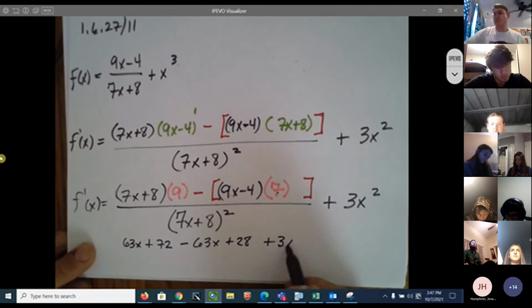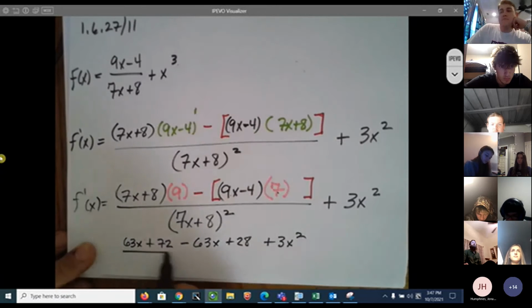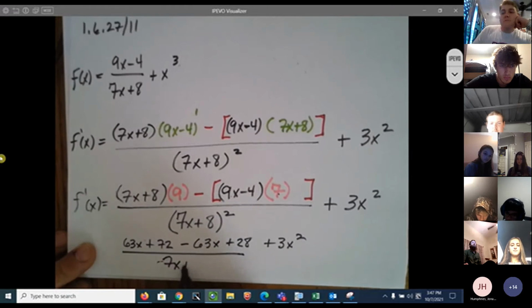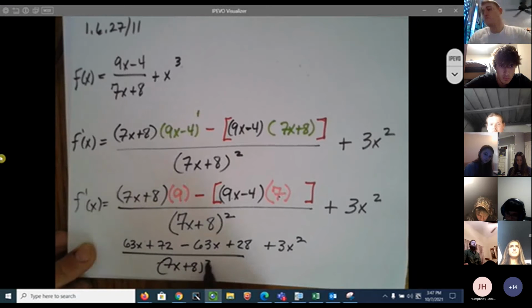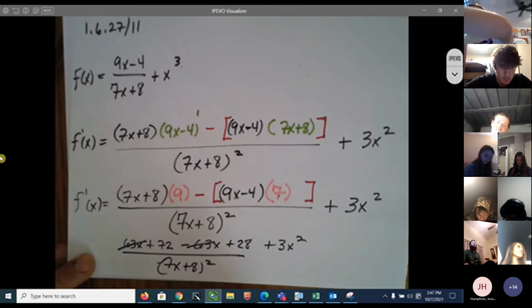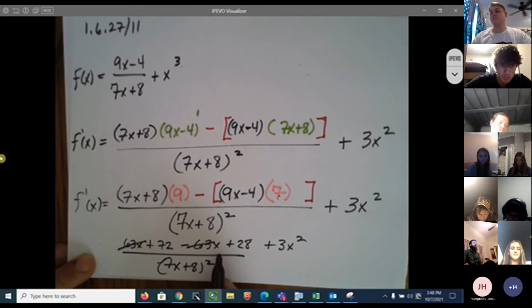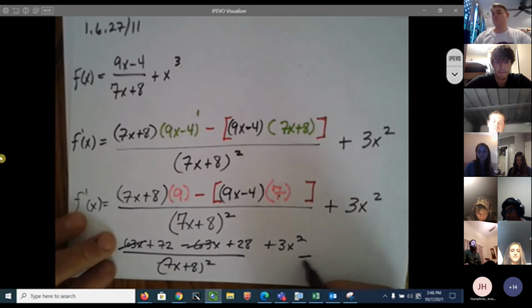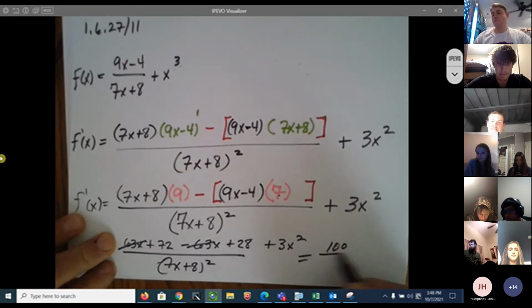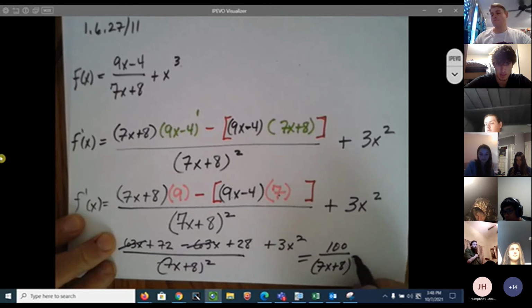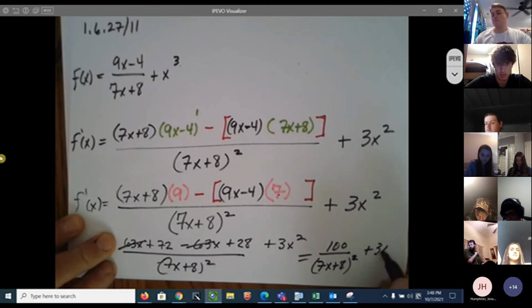Plus 3x squared over 7x plus 8 quantity squared. The 63s cancel. 72 plus 28 is what? Is that 100? Yes. So I get 100 over 7x plus 8 squared plus 3x squared.